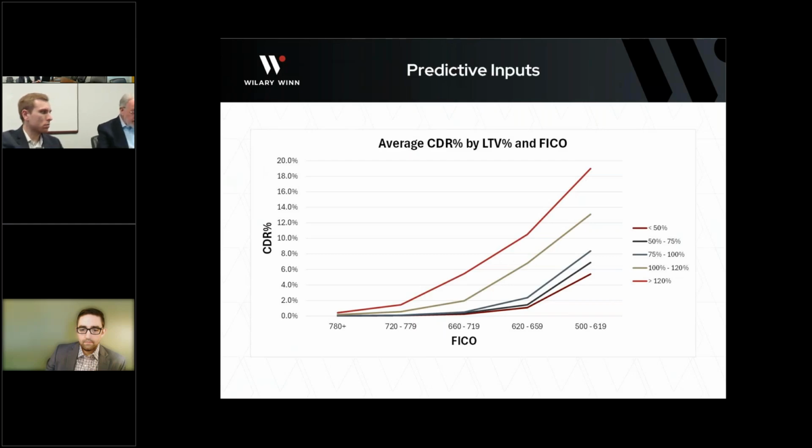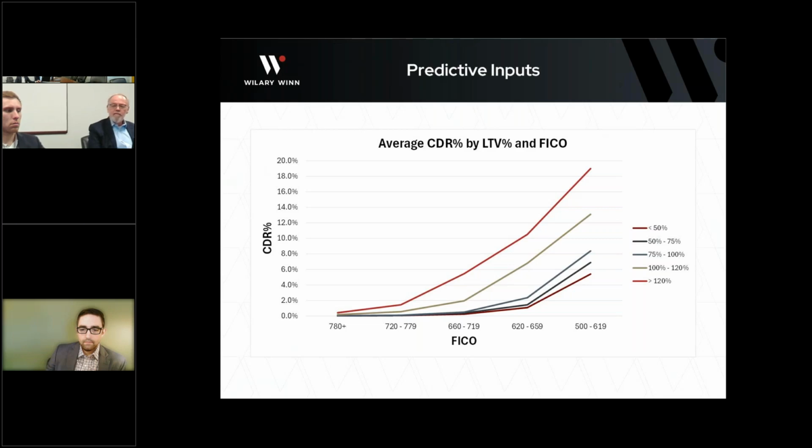Okay, let's look at slide 20, where we're comparing LTV and FICO. And if you look at the loans here where there's an LTV of greater than 120%, you can see that even with decent FICO scores, you're still seeing a fairly high loss rate. And that's because we think it was two things.